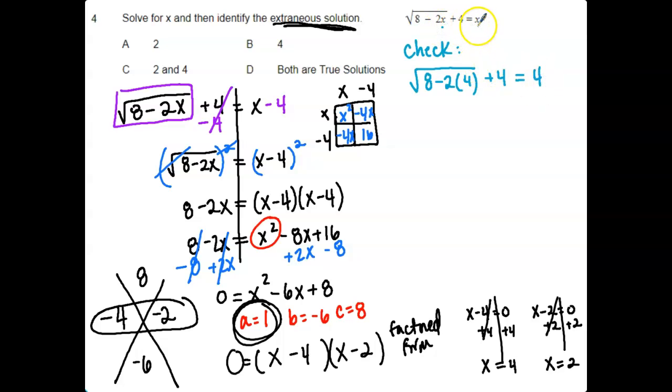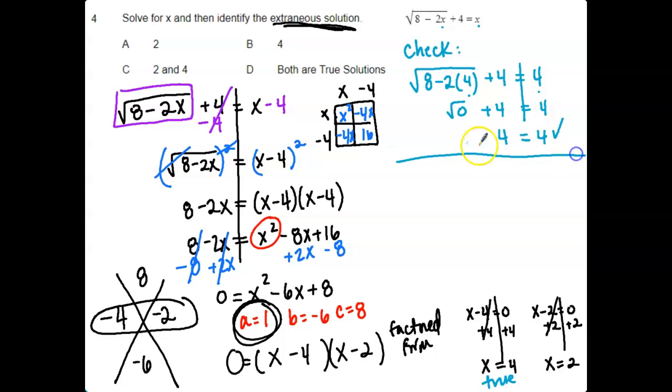So 2 spots for x, so 2 places where we substituted 4. All right, so let's do this. 8 minus 2 times 4 is 8, so 8 minus 8 would be 0. And we know that the square root of 0 is just 0, so 4 is definitely equal to 4, so that is a good one. So this is true.